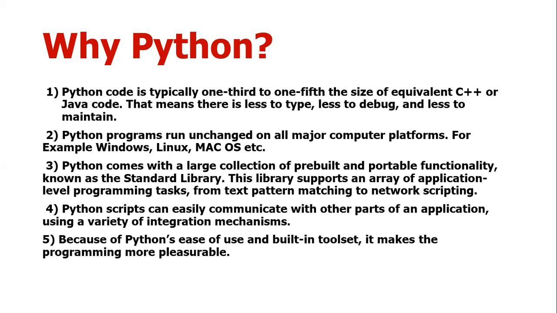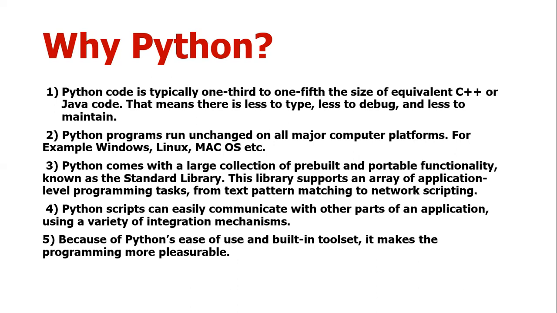And next thing is Python comes with a large collection of pre-built and portable functionality known as standard libraries. It has many standard libraries and a collection of a lot of functions. There are various types of libraries.